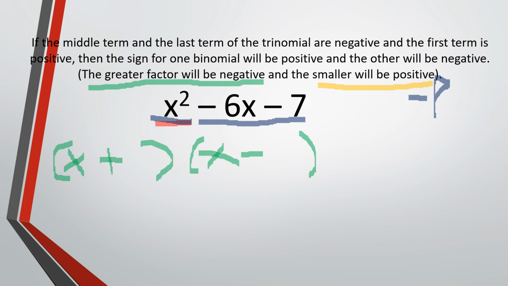Okay, now the factors of 7 are 1 and 7, and 7 and 1. Here, the bigger number, or the greater factor, is 7. Based on the rule, the greater number is negative.